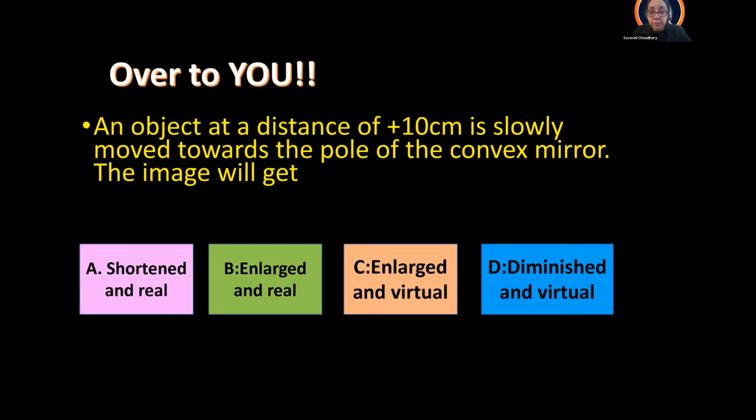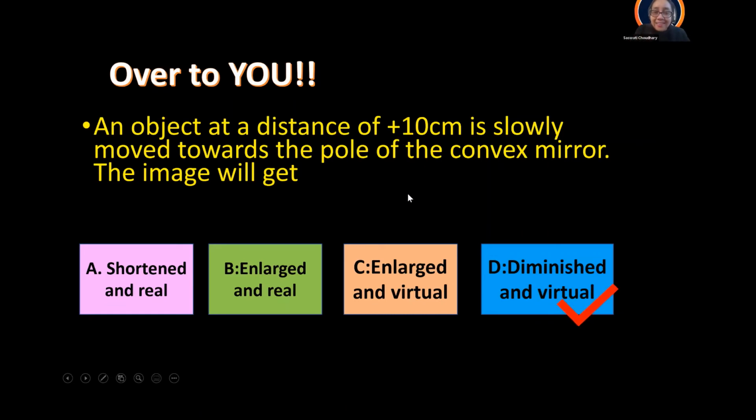Which is the correct option? Okay, let me repeat. Please don't use a ray diagram now, because you can use your logical thinking. I will provide you the example of the ray diagram, but just think logically: for a convex mirror, what happens if you keep that object at 10 centimeter?